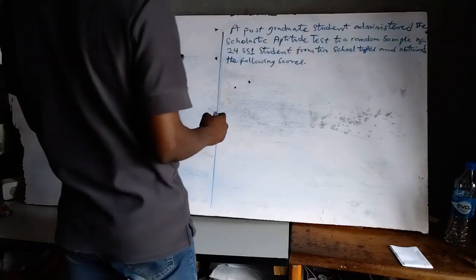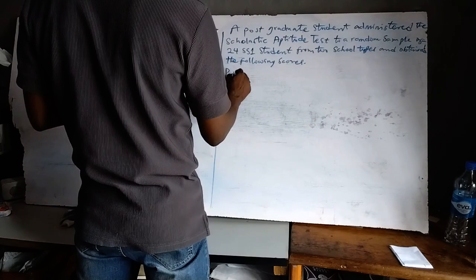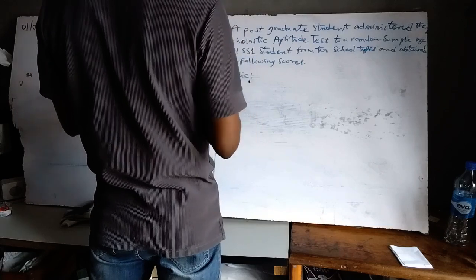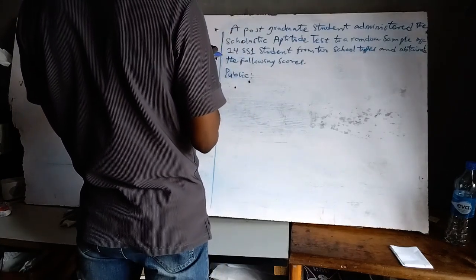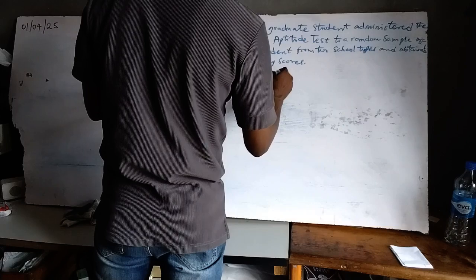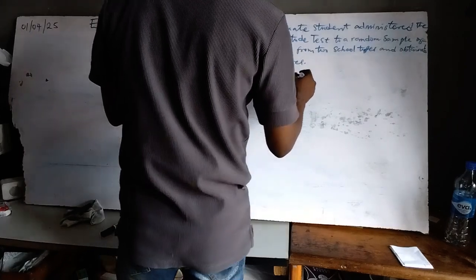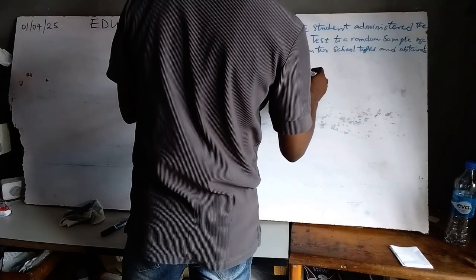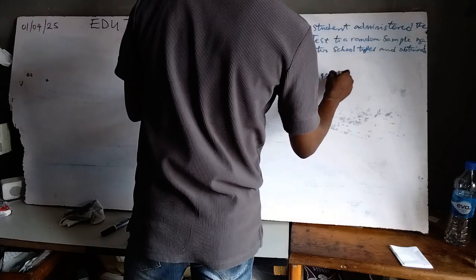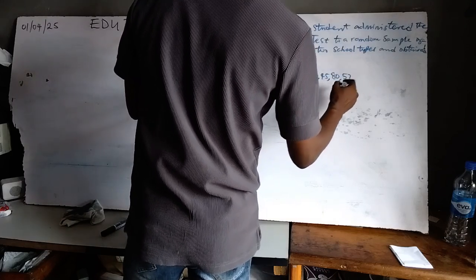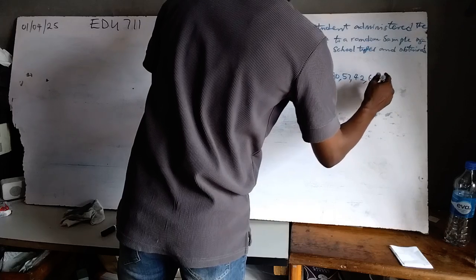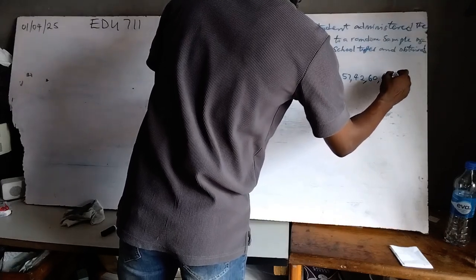So we have the score to be public, that's school type 1. For public, we have 68, 72, 58, 52, 50, 45, 80, 57, 42, 60, 68, and 60.